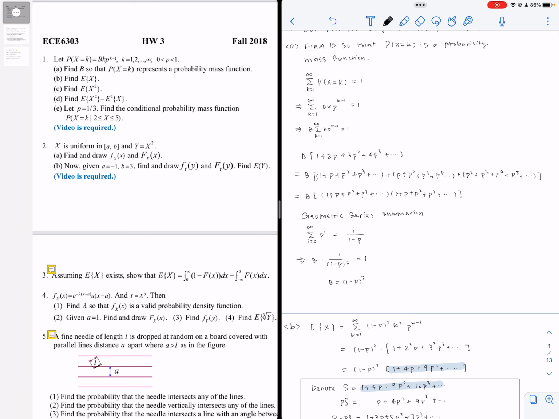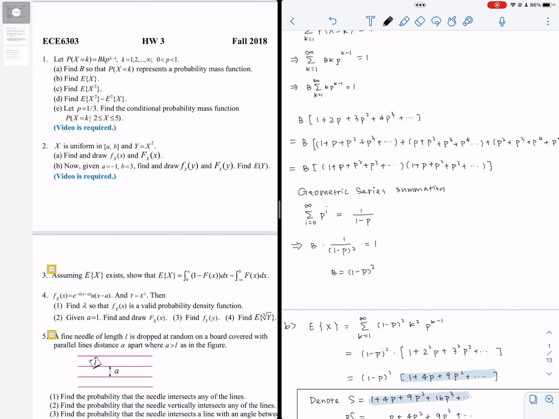And then inside here, we have this really basic and simple geometric series where every term is just another p, right? Then we can use the summation formula, and we get 1 over 1 minus p. And so b times 1 over 1 minus p squared equals 1, and then we can have b equals 1 minus p squared.